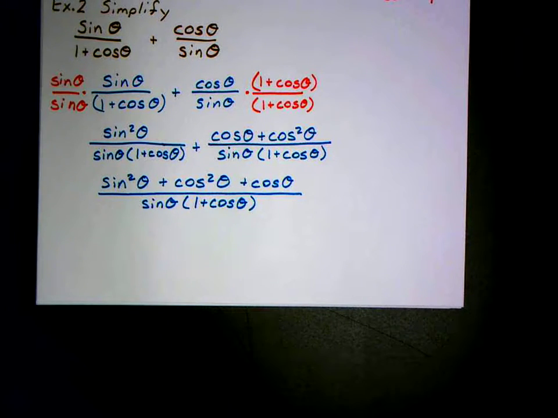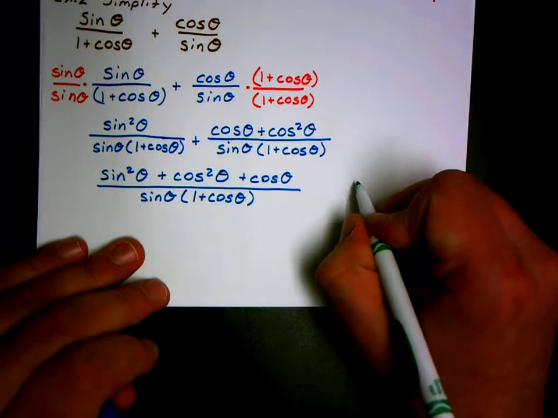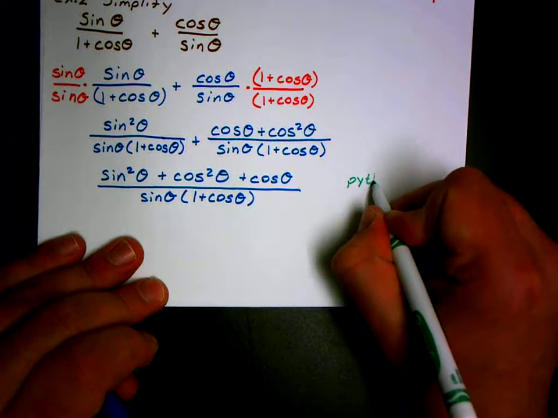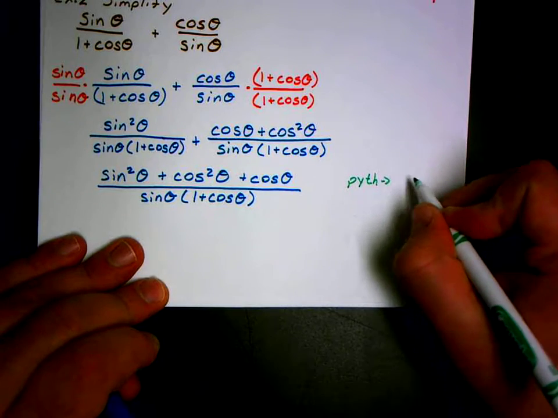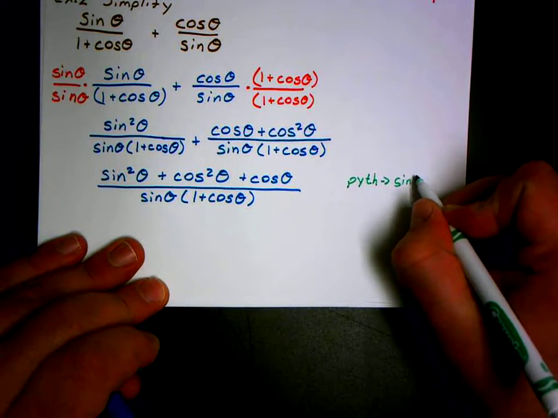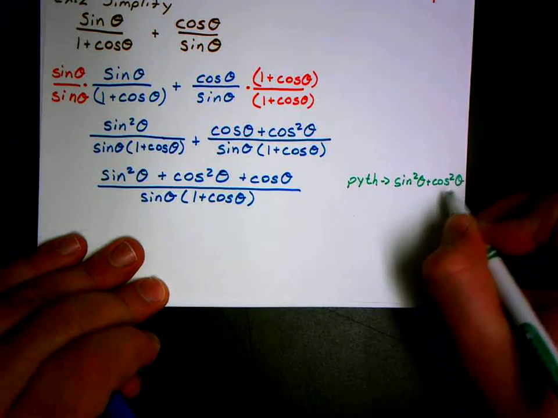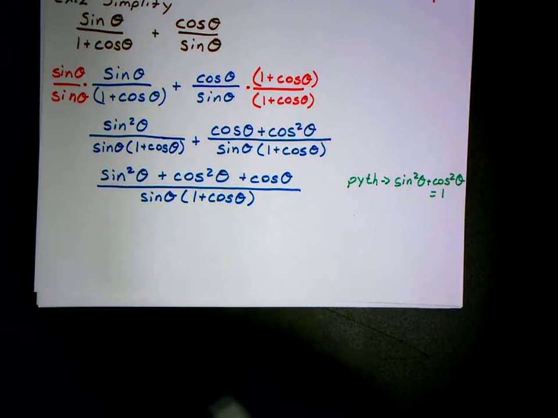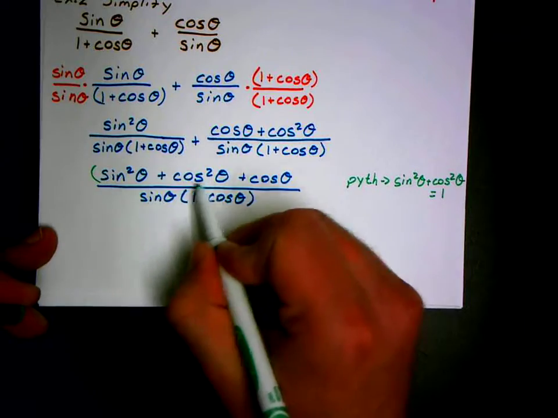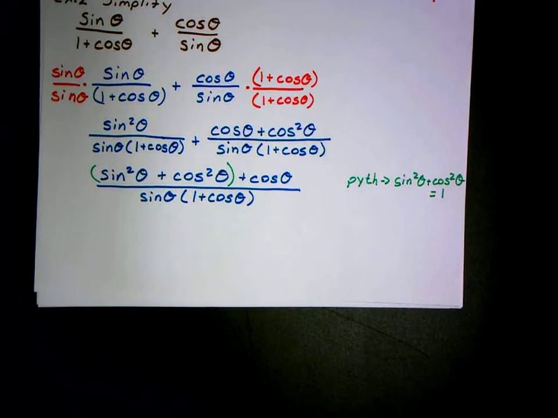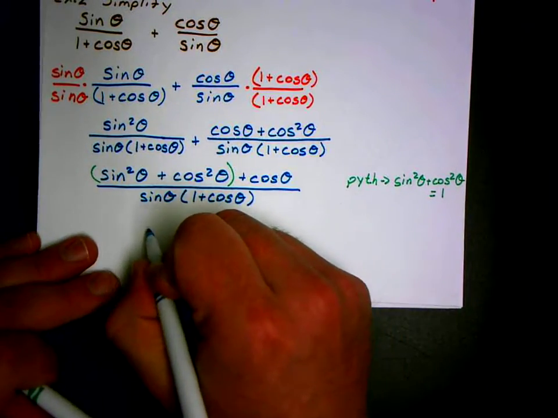That's your Pythagorean. So remember, you have your Pythagorean: sine squared theta plus cosine squared theta equals 1. So I can just take this entire piece out right there and replace it with 1.